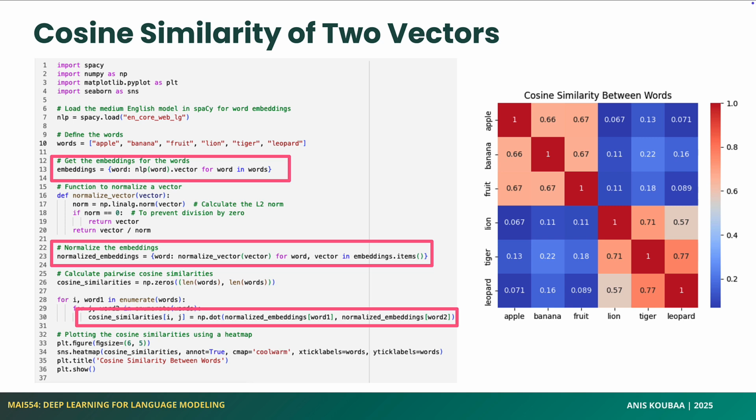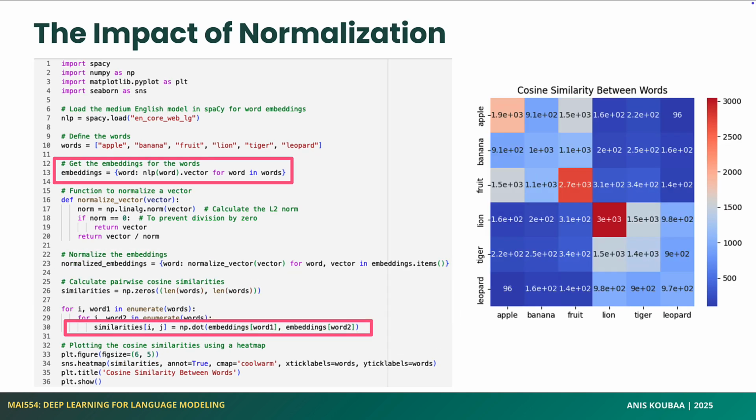Okay, let's make the same example. Look now. We calculated the heat map for the cosine similarity of normalized embeddings. What if we try the dot product on the same embeddings? This is without normalization. What is better to capture the semantics?